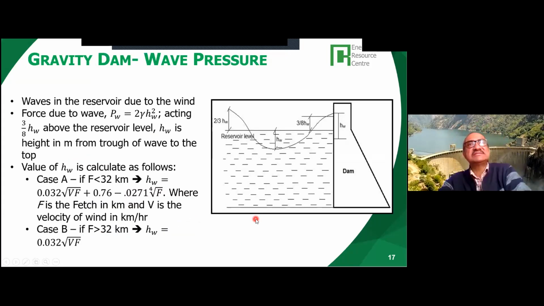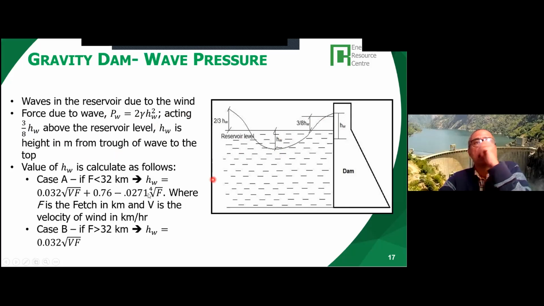And the other one is wave pressure. A wind wave will create waves in the reservoir. The force due to the wave is given by this equation, acting at 3/8 of HW above the reservoir level. It acts here. HW is the height in meters from the trough of the wave to the top.